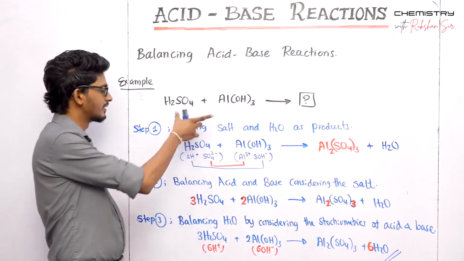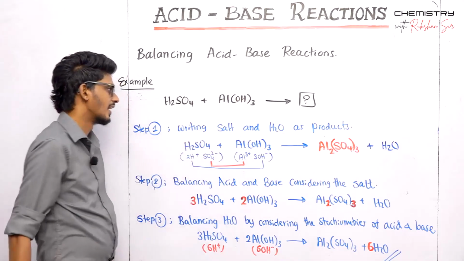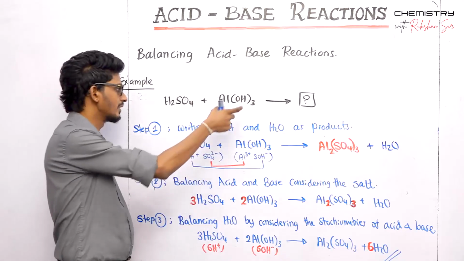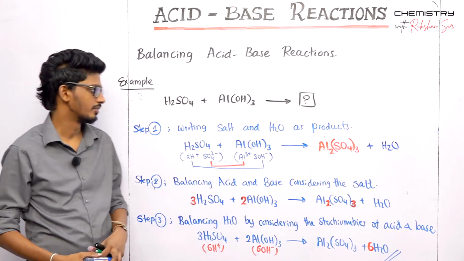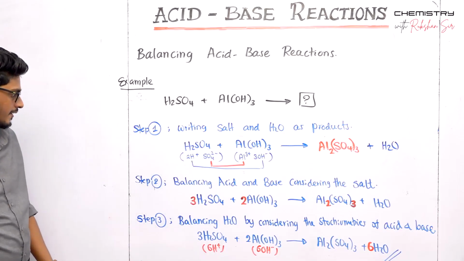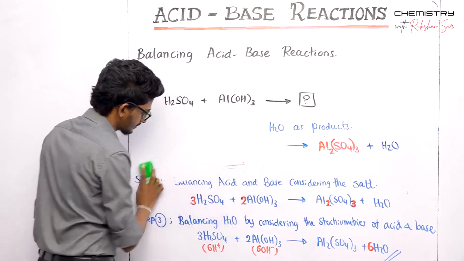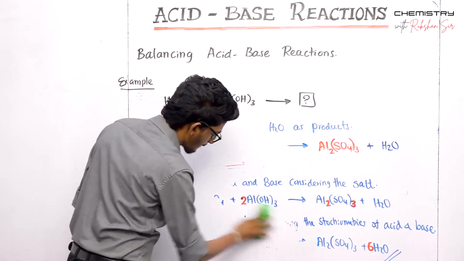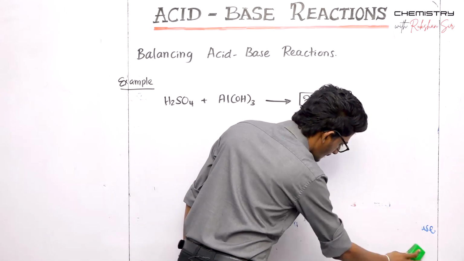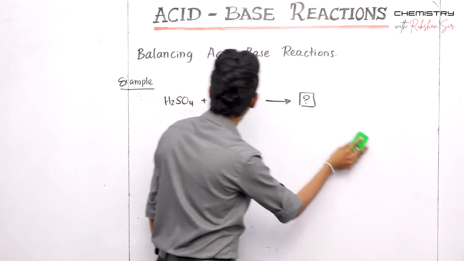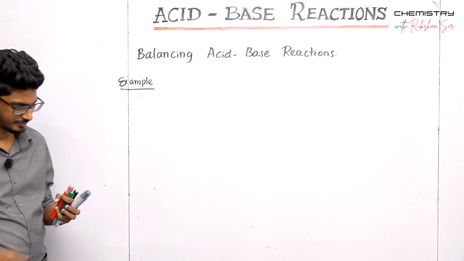Let's come up with another example. Here, this one is an example where you used a metal hydroxide as your base, and we'll do another example using a metal oxide as the base, right? Okay, let's do example 2. Next example.